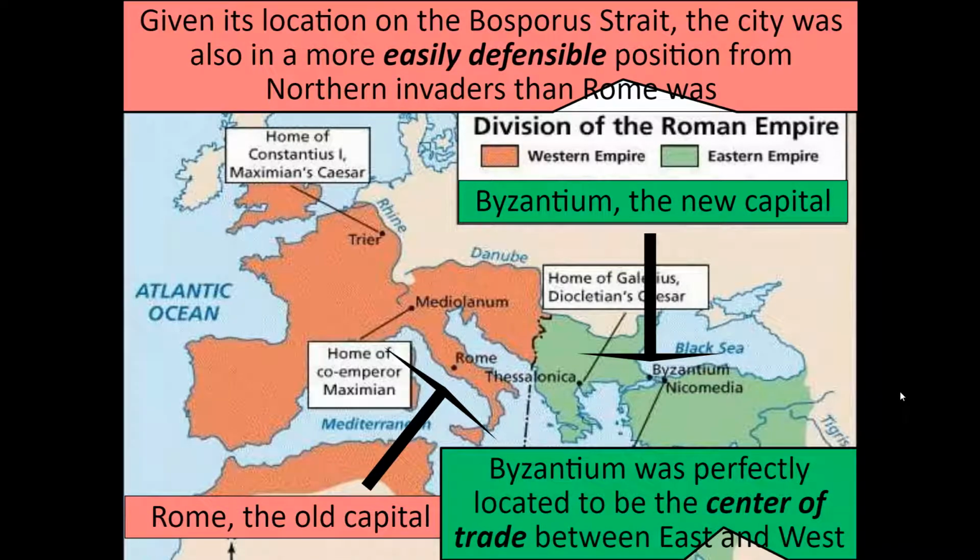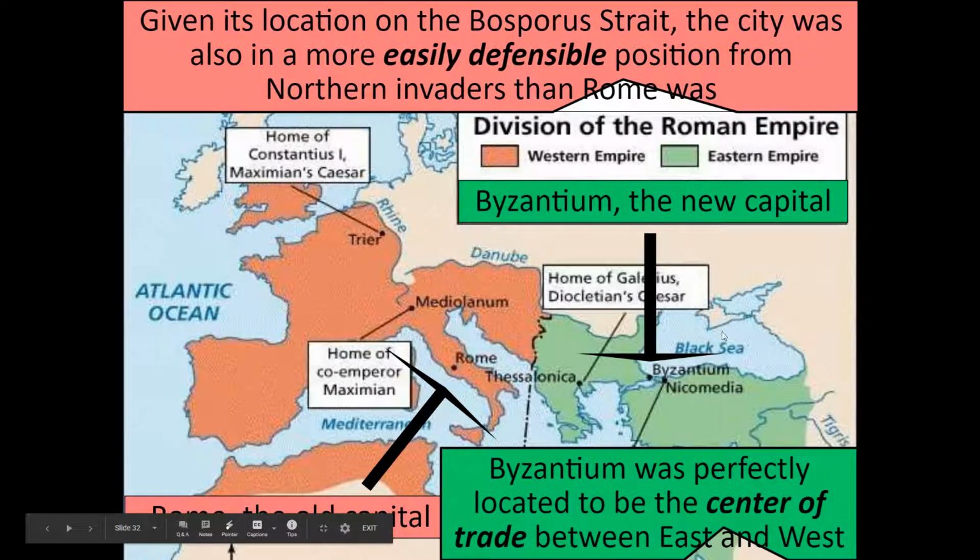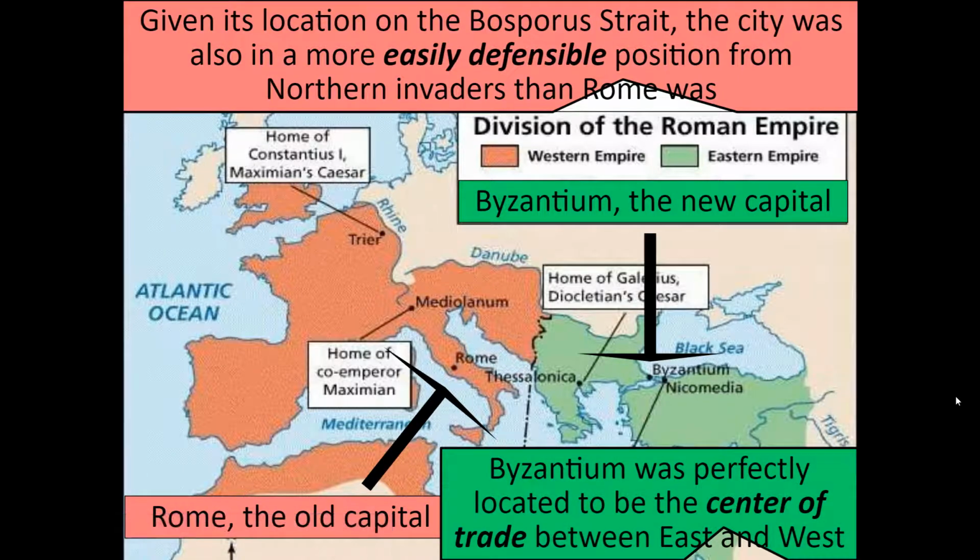And it's not just defensible though; it's also the center of trade between East and West. Anything that's coming through into the Black Sea has to go through there. So they control sea trade, overland trade as well would have to go through here. So really massively important city, and moving the capital there is not a bad idea.